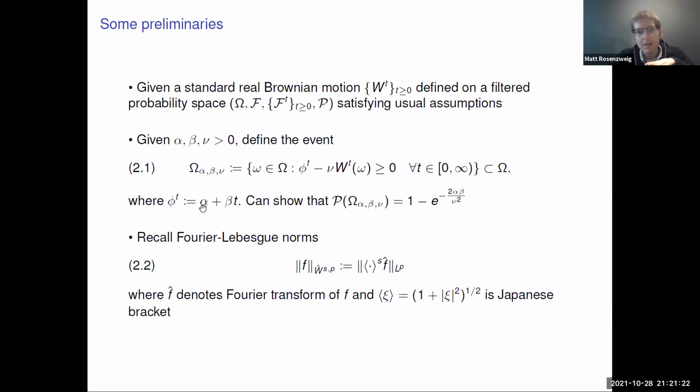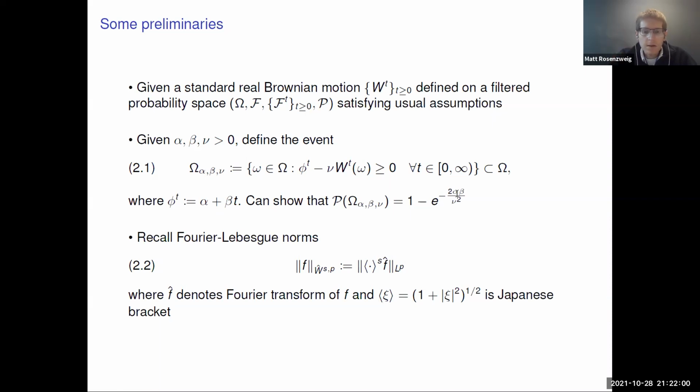And what is φ_t? φ_t is just this linear function. So I'm measuring how large this W_t can go, or that it has to stay below this φ_t. And I'm looking at the paths when it stays below this linear function here, uniformly in time. And you can open a probability textbook and figure out what the probability of this event space is, and it's just 1 minus this exponential. It's just an exercise using stopping times.